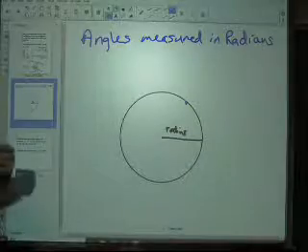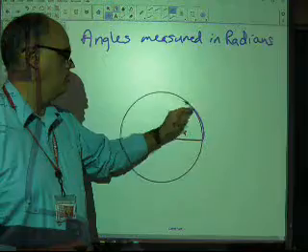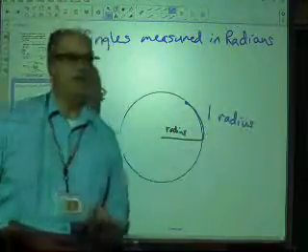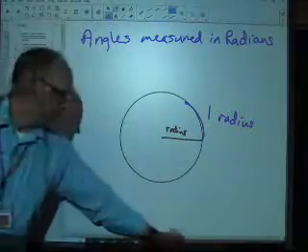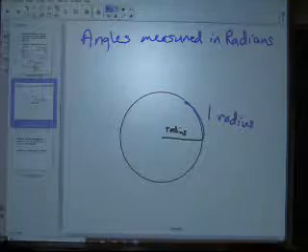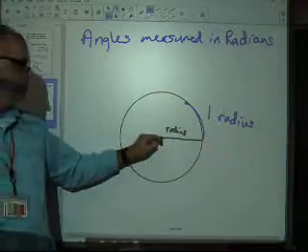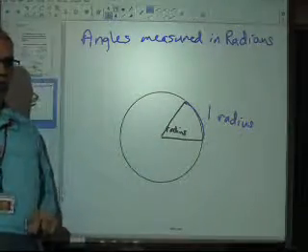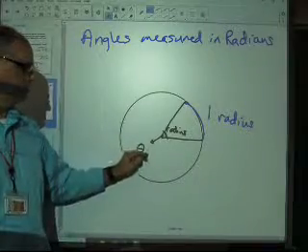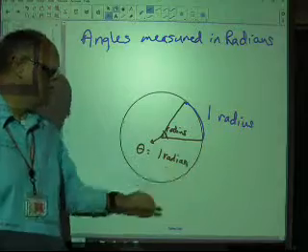And so what I've done is measure out one radius along the edge of the circle. When I measure one radius on the edge of the circle, then the angle that is formed here is now called 1 radian.